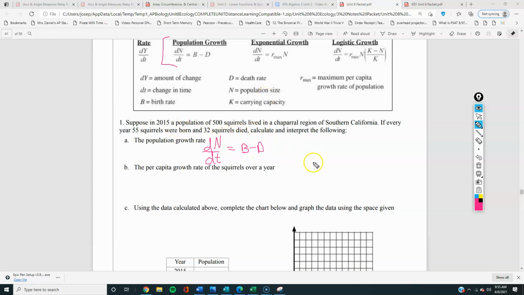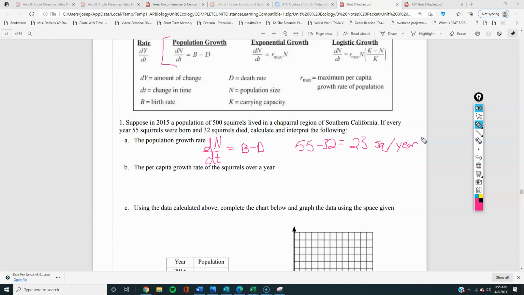So if we have 55 born and 32 die, then our growth rate is 23 squirrels a year. So that tells me I would anticipate that every year I have 23 more squirrels. Ta-da! That's my population growth for that year.